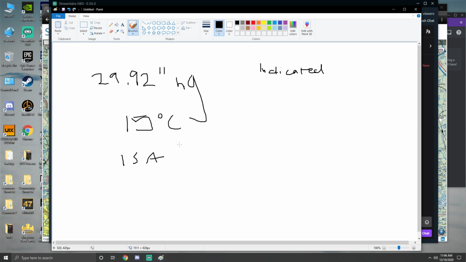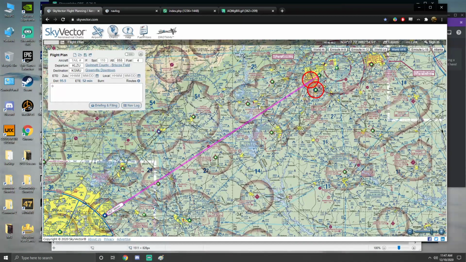True altitude is the true vertical distance of the aircraft above mean sea level, or MSL, right? So this is basically your MSL altitude. And this is what's used on our sectional charts. For each of these grid squares, like if we look here, we see 5 with a smaller 4.